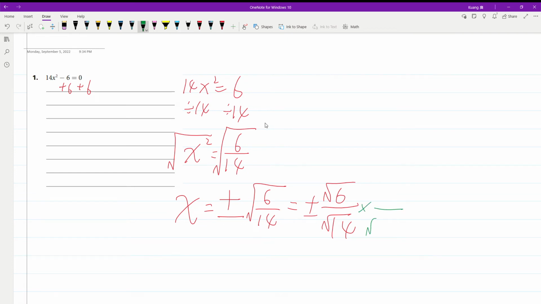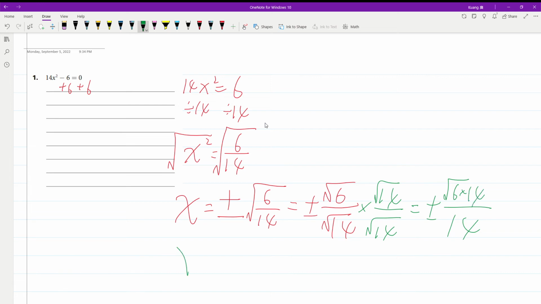The purpose is that after you multiply by root 14 over root 14, the denominator becomes 14, right? And because this actually equals 1, if you multiply by 1, you will not change the value. So that's why I need to multiply by root 14 over root 14. And for the numerator, root 6 times root 14 equals root 6 times 14.